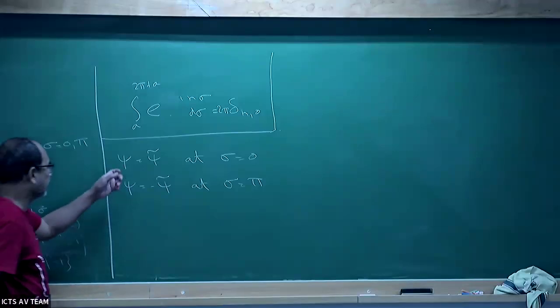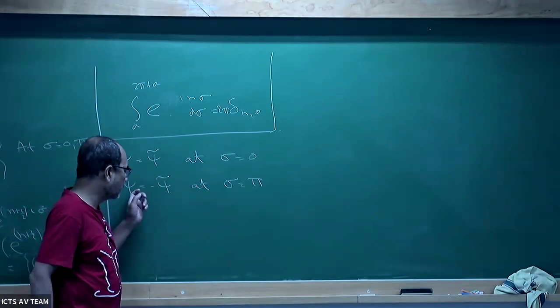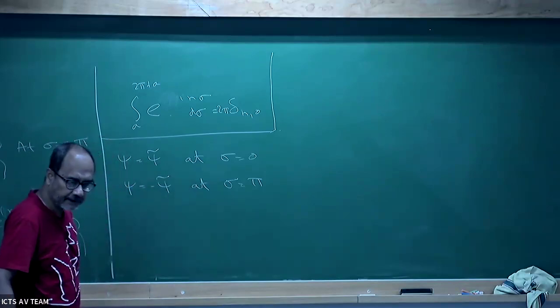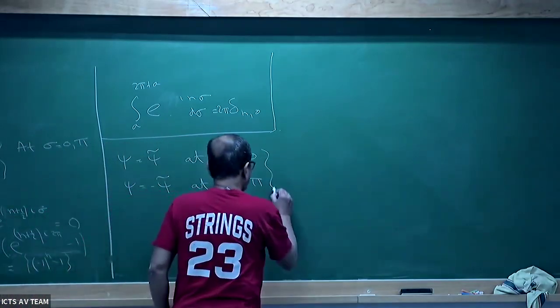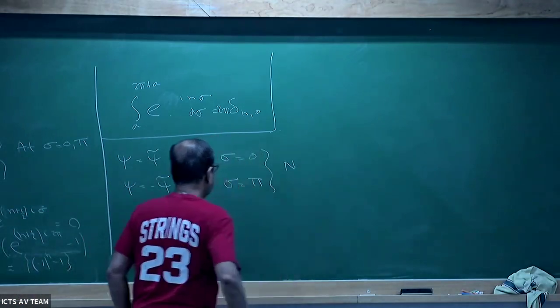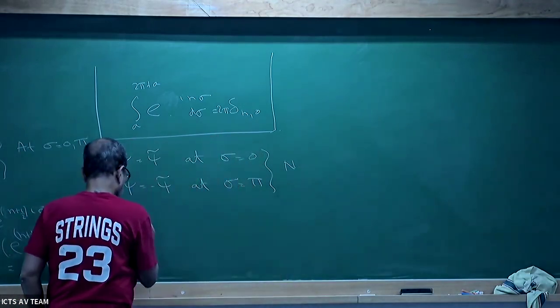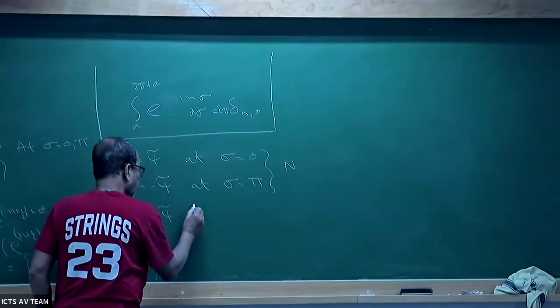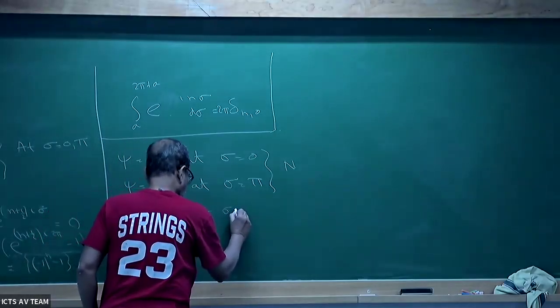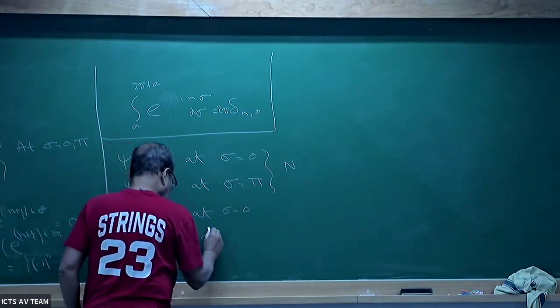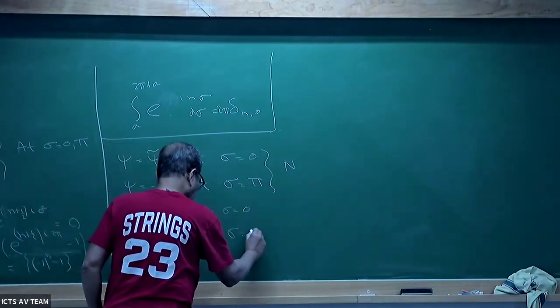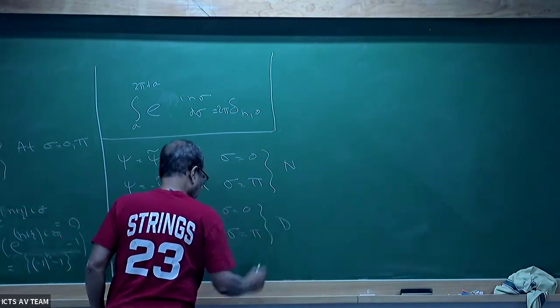You could have put psi equal to minus psi tilde at sigma equal to 0 and psi equal to psi tilde at sigma equal to pi.